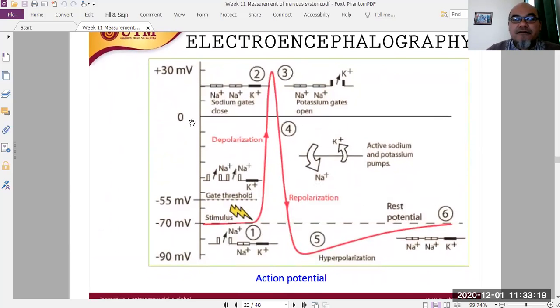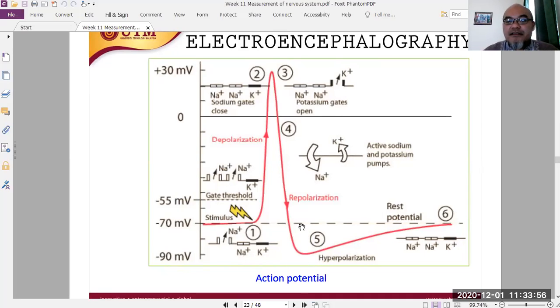So this is an example of an electroencephalography, EEG waveform. It's in the millivolt range, right? So this is when the stimulus occurs, and this is when the depolarization occurs between neurons, and then repolarization occurs. Depolarization here means that the polarity difference between the different sides of the neuron is approaching zero, and after that repolarization occurs, it brings it back to negative values, down to negative 90 millivolt.